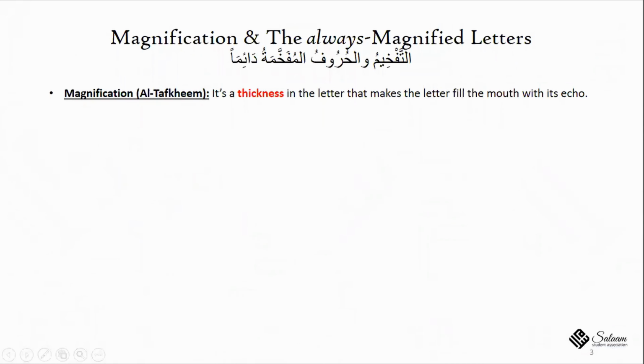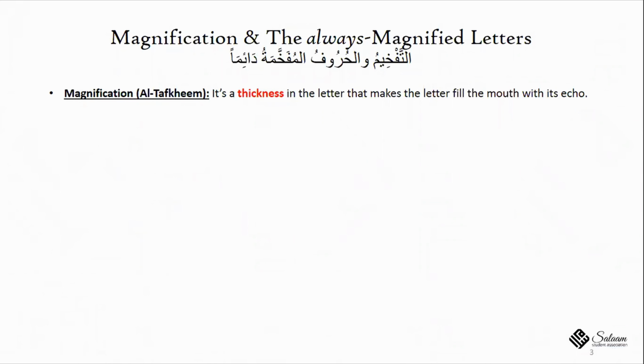For the people that are joining us right now, this is the first slide. So the magnification, at-tafkhim. What does this mean? The magnification means it's a thickness in the letter that makes the letter fill the mouth with its echo.